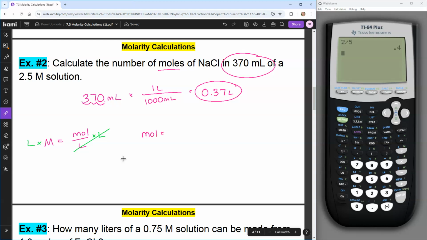So I have 0.37 liters, and then my molarity is 2.5 molar. So let's plug that into our calculator. So we have 0.37 times 2.5. And of course we want to round this appropriately. So it looks like we have 2 significant figures. So I would round that to 0.93 moles of sodium chloride.